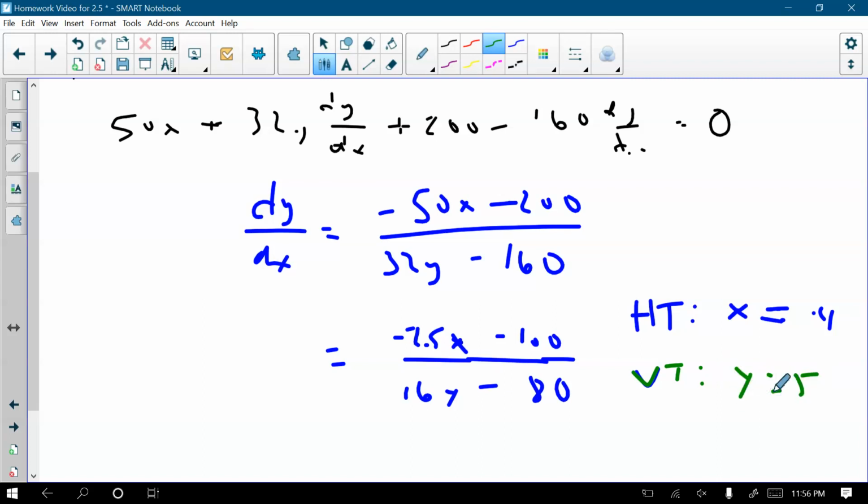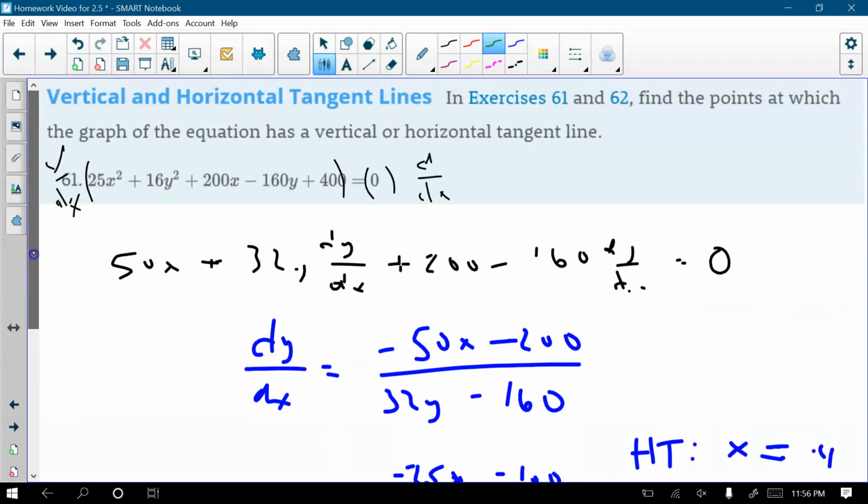So now I have to go back to the beginning of the problem and find out what the y-coordinate is when x is 4 and what the x-coordinate is when y equals 5. So let's do that quickly. When x equals 4, I get 400 plus 16y squared plus x is 4, so 800. This is still no calculator for as long as we can.